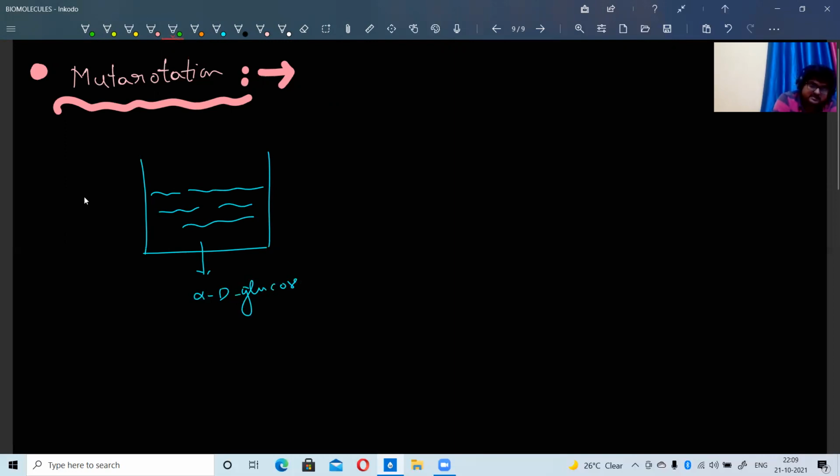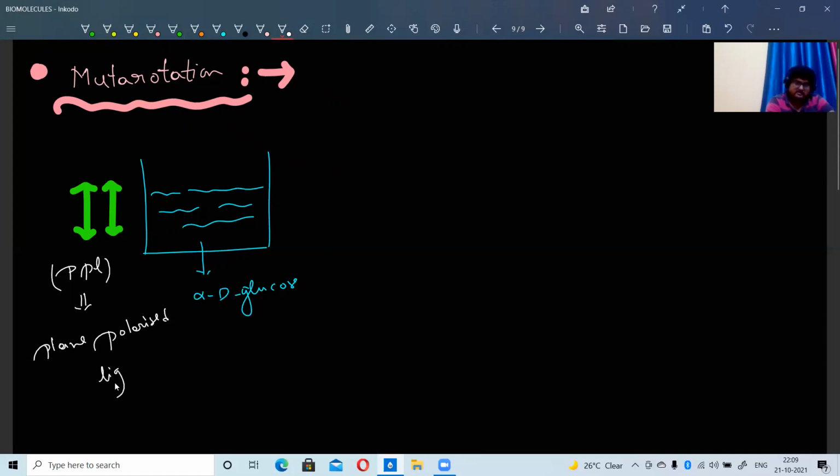Now, if you pass plane polarized light over here, this one is PPL, not Pakistan Premier League. Remember, PPL is called plane polarized light. Now, what is happening?